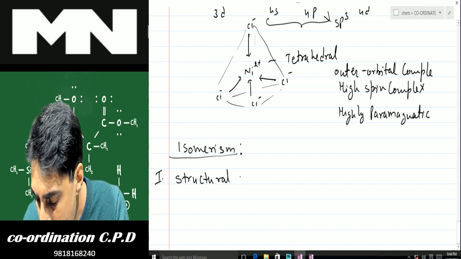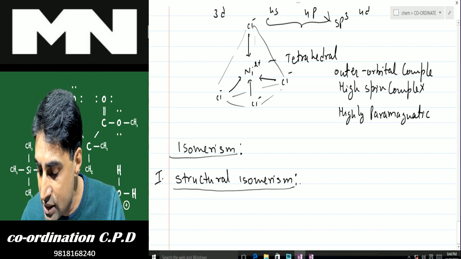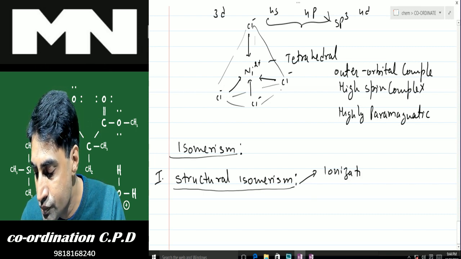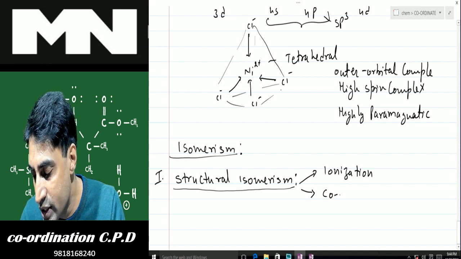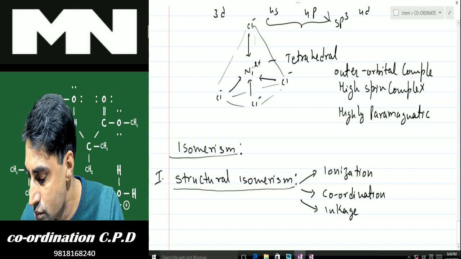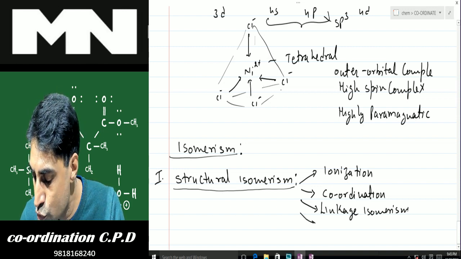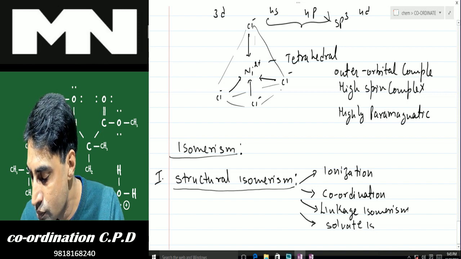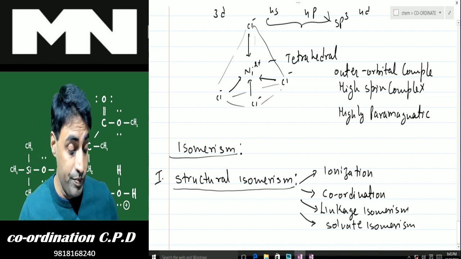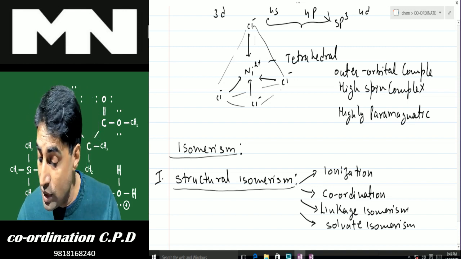As far as structural isomers are concerned, we'll see four different types of isomers: ionization isomerism, coordination isomerism, linkage isomerism, and solvent isomerism. So we are going to do solvent isomers, linkage isomers, coordination isomers, and ionization isomers. One by one, we'll do them.